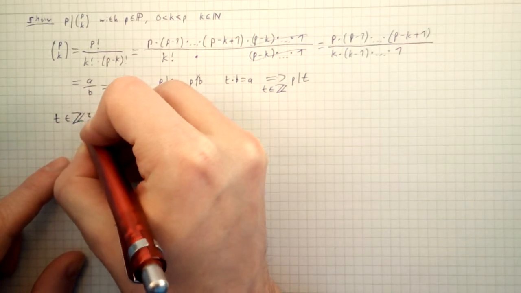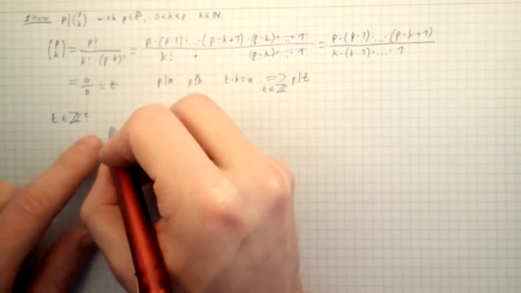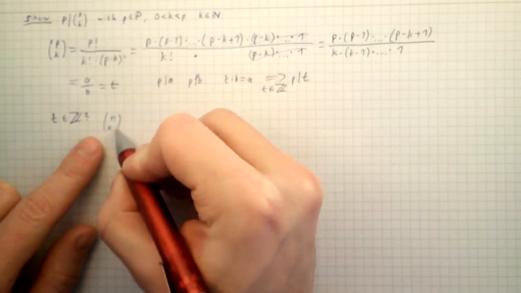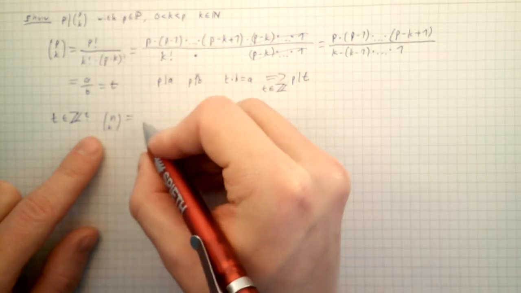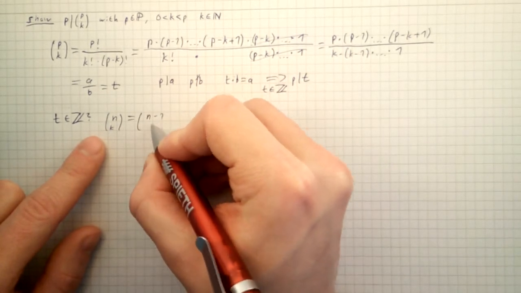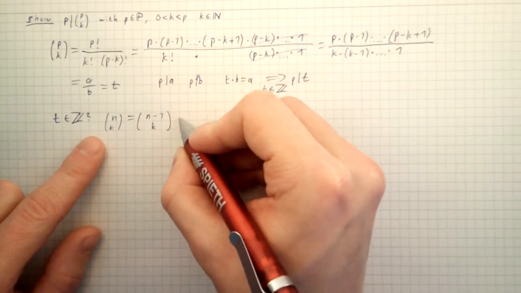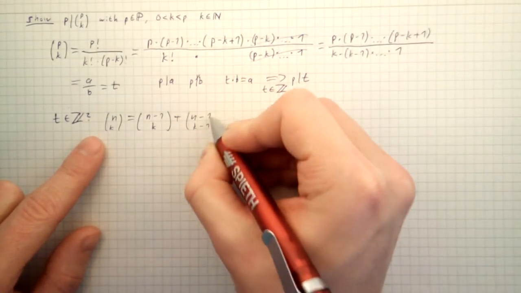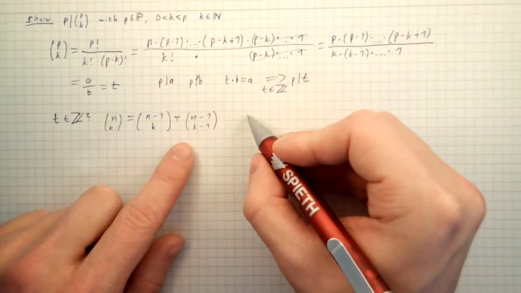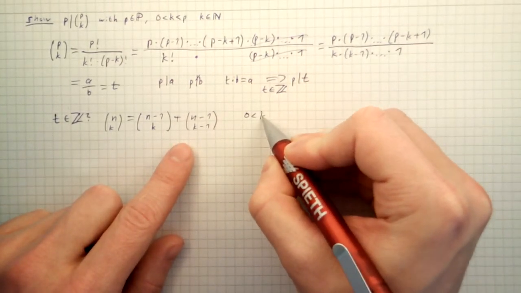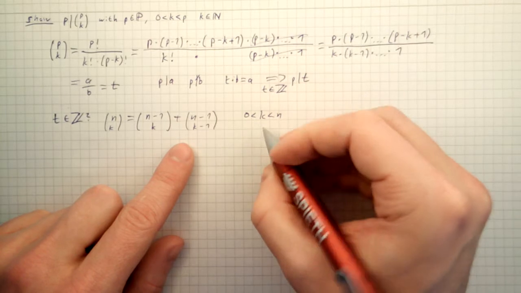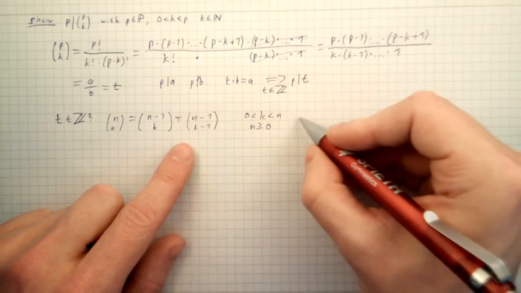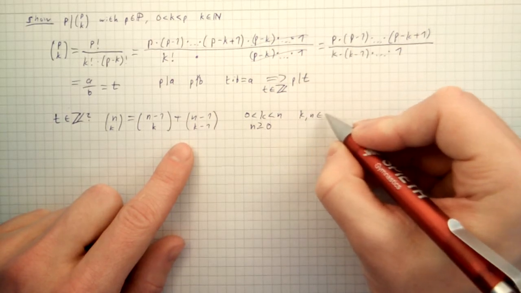We can show that with the rule for the binomial coefficient, which states that n choose k is equal to n minus 1 choose k plus n minus 1 choose k minus 1. And this rule holds for k between 0 and n, where n is greater or equal 0, and k and n are natural numbers.